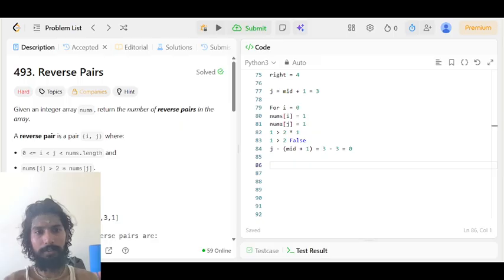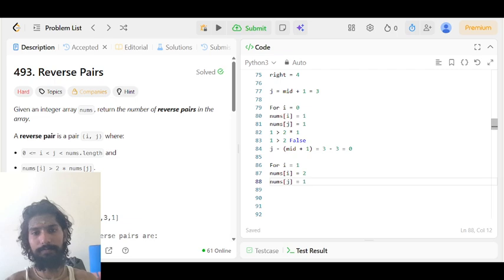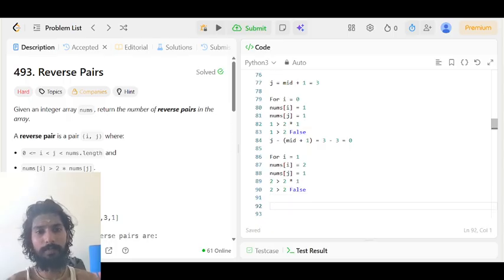For i equal to 1, nums i equal to 2 and nums j equal to 1. Now we check. Again it is false, because the condition is strictly greater. It is not greater than or equal to. So again j does not move. Count added is again 0.